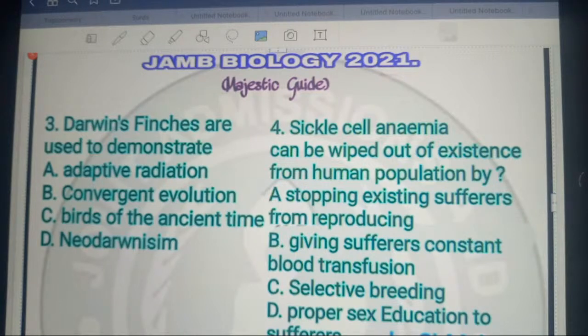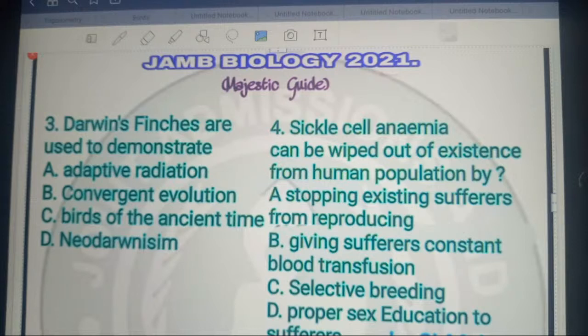When it comes to hemoglobin, there is the globin and the heme. The globin has two parts: the alpha chain and the beta chain.